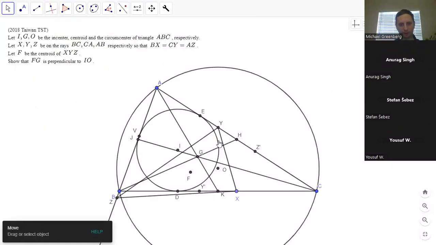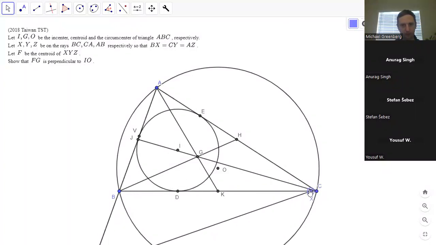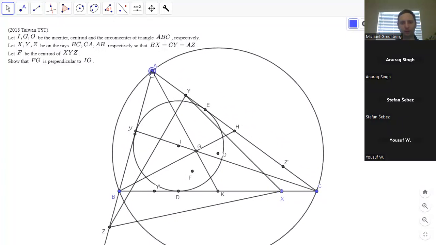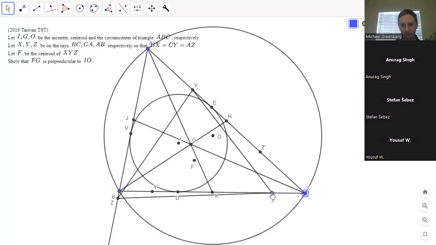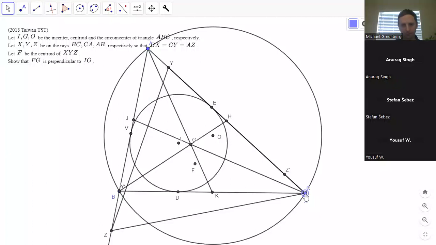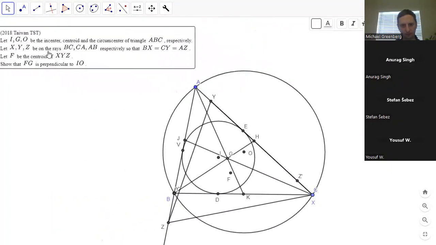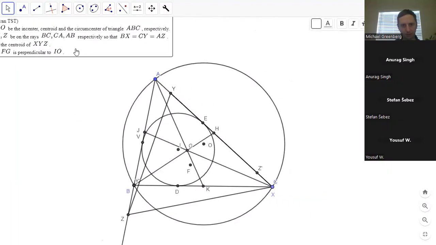Okay, so if we let X equal C, let me make this triangle so that AC is longer than BC. That might help. So then if X equals C, I shrink it. We show the problem in this case.